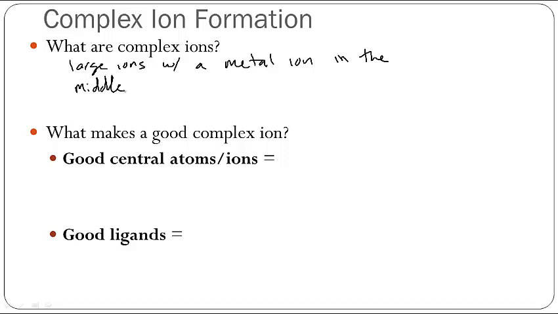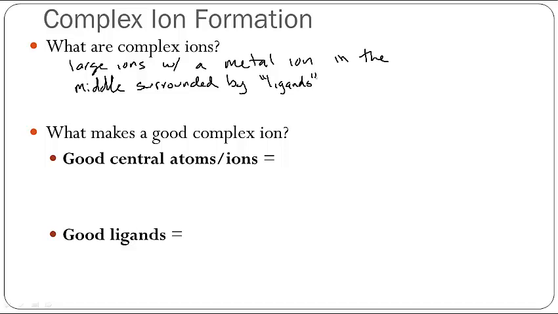Surrounded by what are called ligands. Now, in chapter 17, we gave you the teeniest, briefest overview of Lewis acids and bases. The equations that we showed you were mostly complex ions.